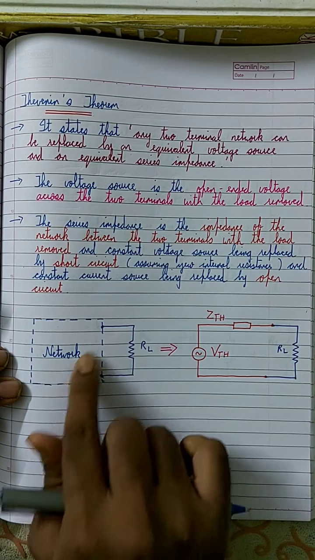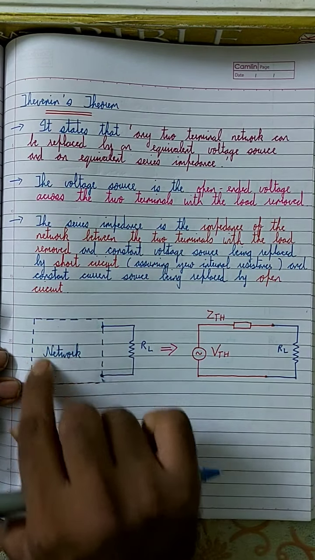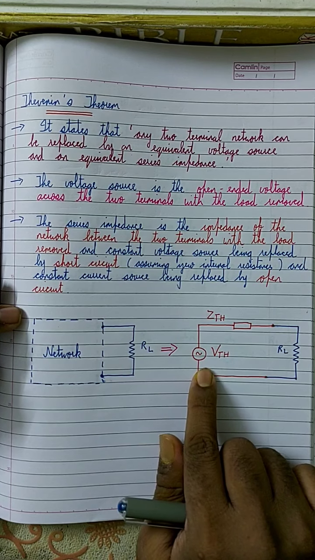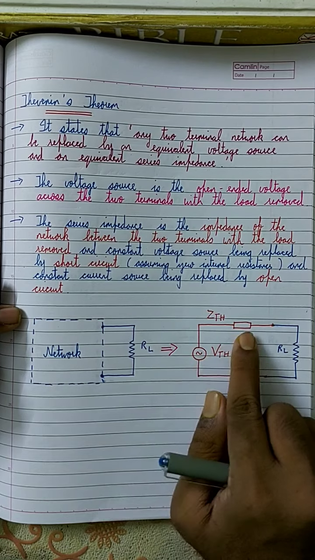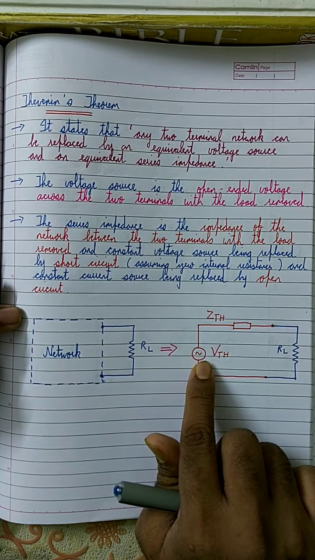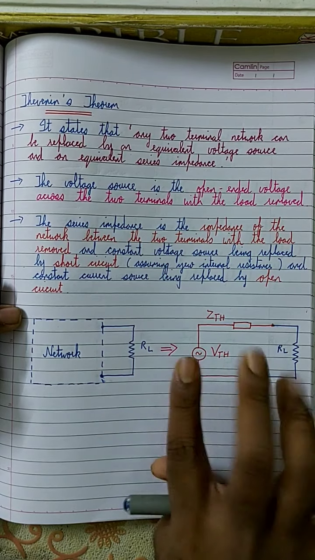Now look at this circuit. According to Thevenin's theorem, this box over here can be replaced by a single voltage source and a series impedance. That's all. The rest is the same.